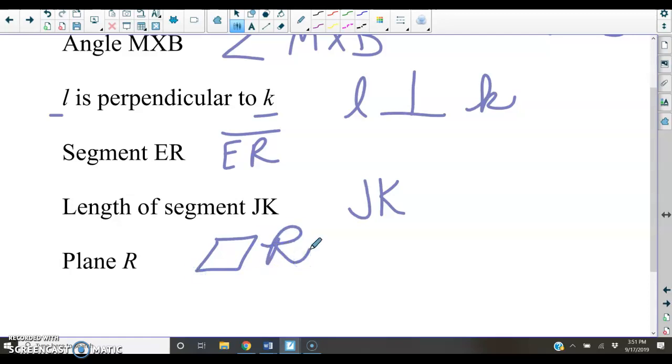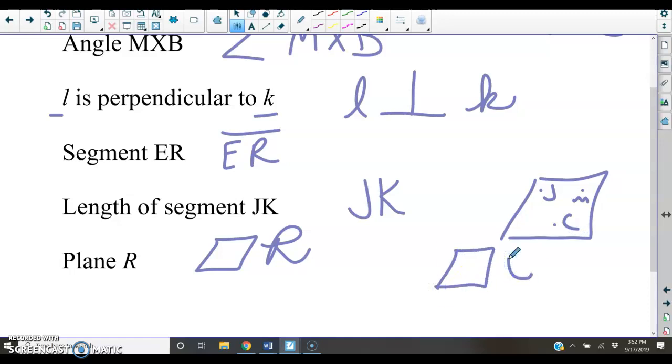We can do that if it's a plane that has 3 points in it, J, M, C, then I might go plane, sorry, that's not cursive because we're naming the points, plane J, M, C. But we just use a parallelogram to say a plane.